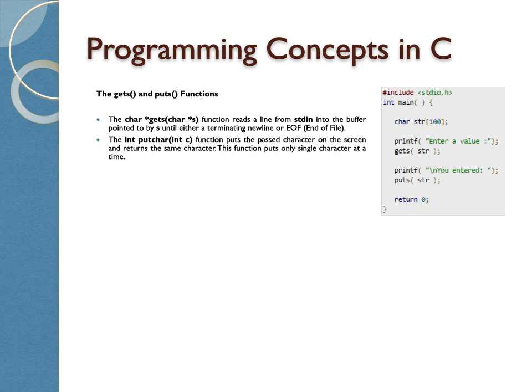Then we want to read the string value at runtime. Therefore, it is written printf enter a value, and then whatever value is written at runtime, the gets function will execute and store that particular string into the str variable. And simply we want to print that variable, so we need to write puts. Puts will display the string value at runtime.